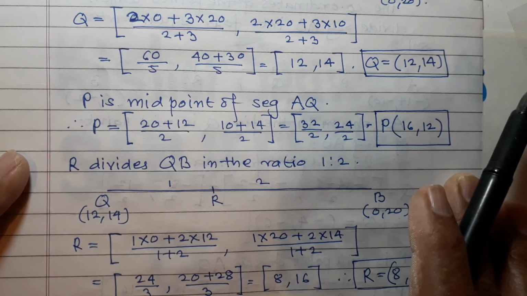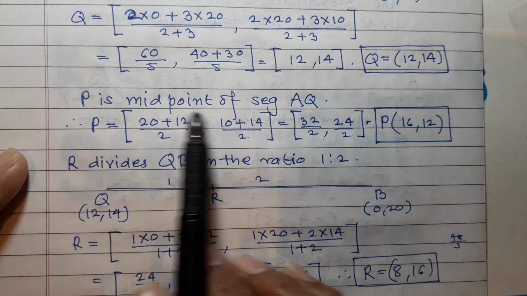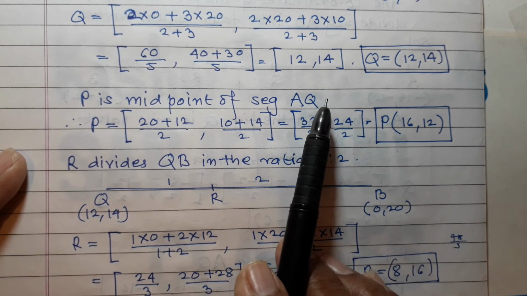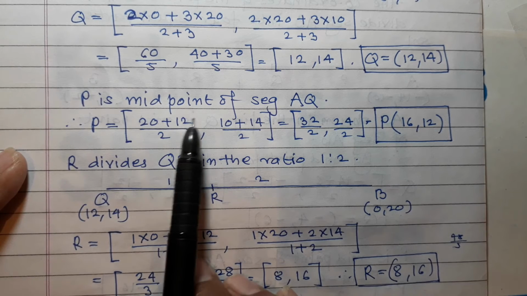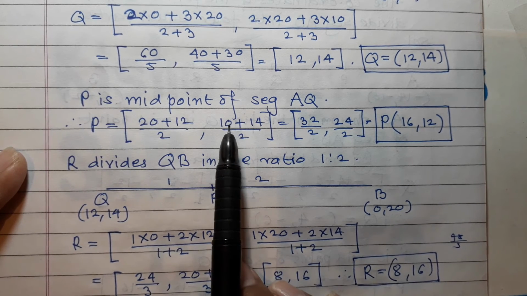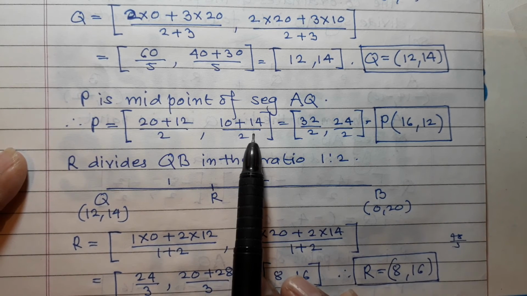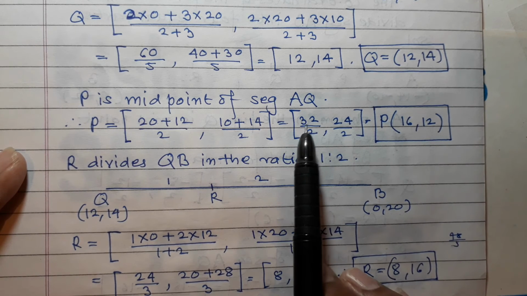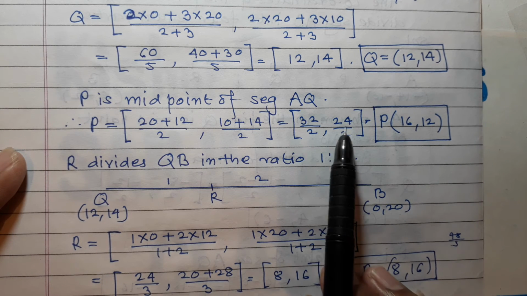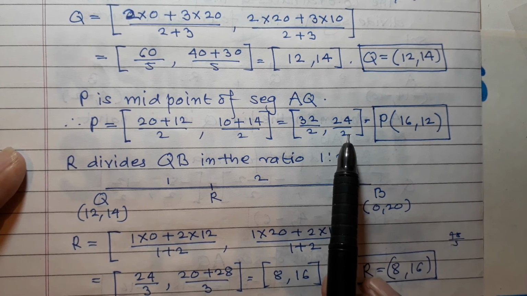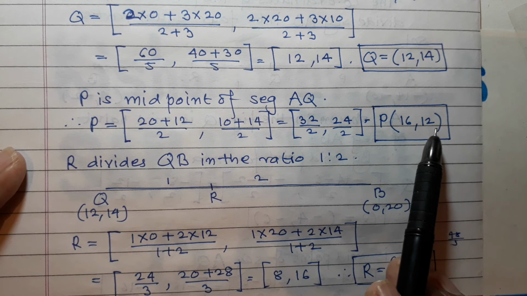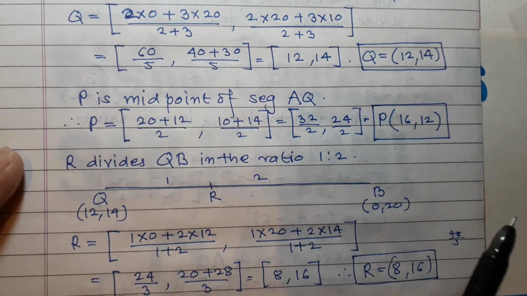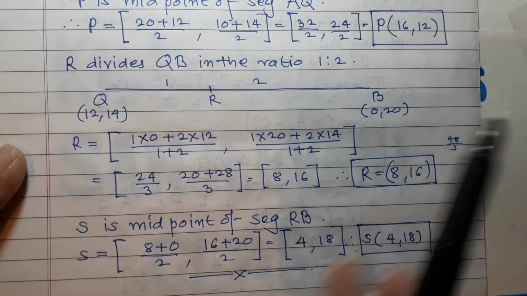Then find P. P is the midpoint of seg AQ, and therefore P is equal to ((20 + 12)/2, (10 + 14)/2) is equal to (32/2, 24/2), and therefore P is equal to (16, 12). Then find R.